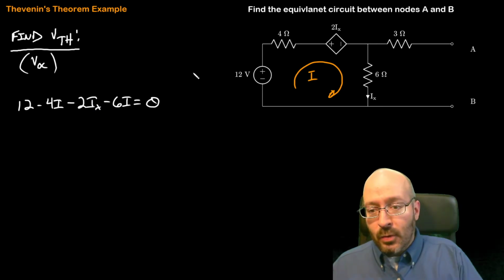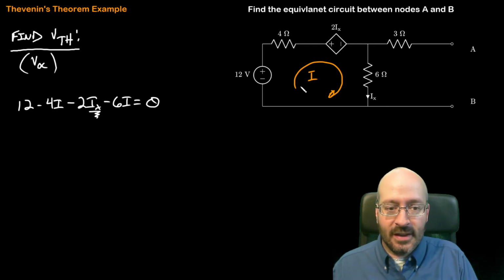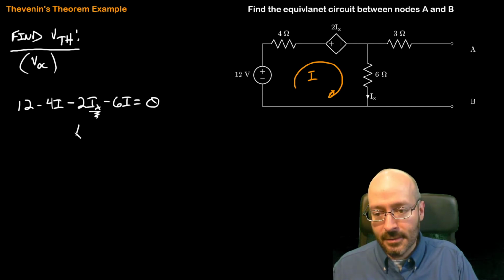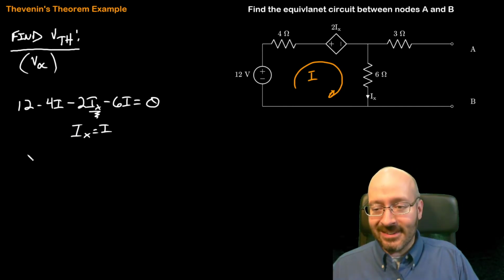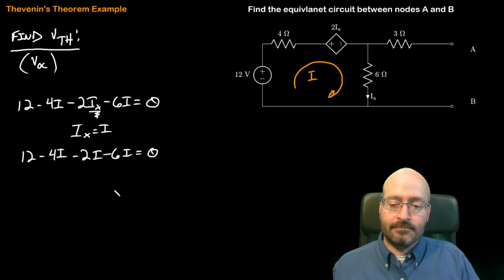Okay, we've got one thing that needs to be dealt with there, but it's nice and simple. Does I touch ix? Yes, and it goes in the same direction. So ix is just equal to I. So we can get rid of that control variable nice and easy. I'm almost tempted not to write it again, but I know better. Right, minus 6i equals 0.